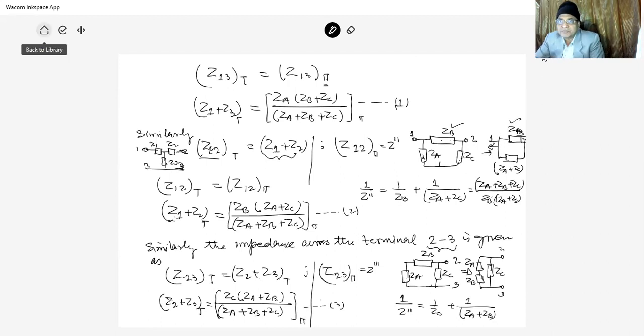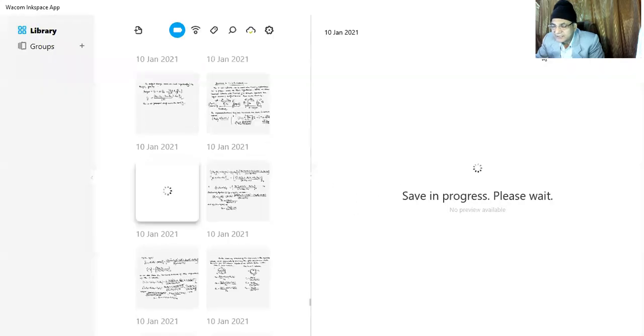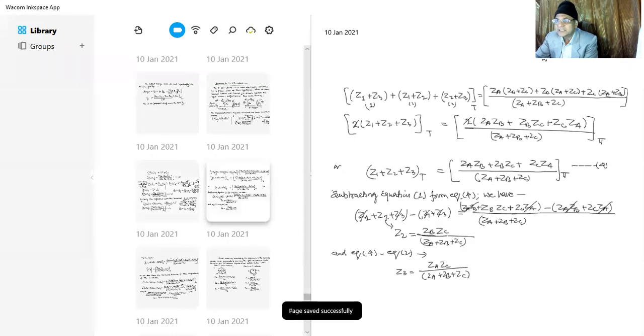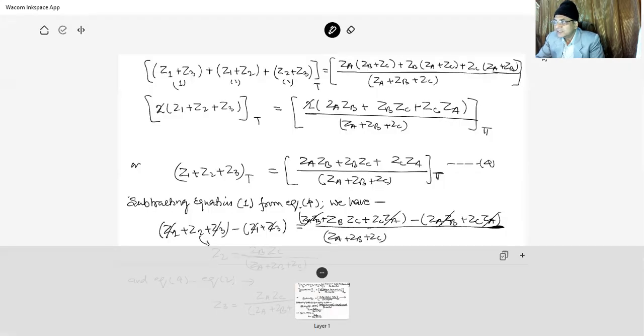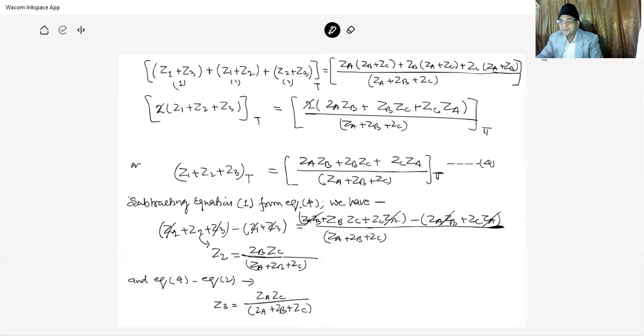So what we have done till now is find the various terminal equivalent impedances. Now if the component-wise expressions are the same, then we can sum all these impedances. So Z1 plus Z3 between 1 and 3, Z1 plus Z2 between 1 and 2, Z2 plus Z3 between 2 and 3.